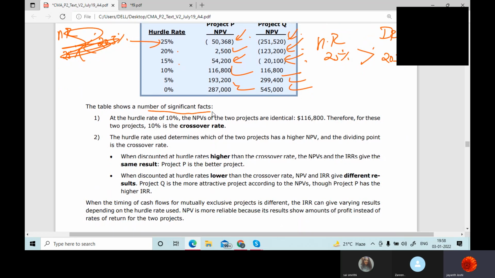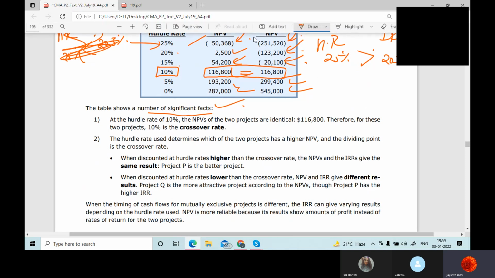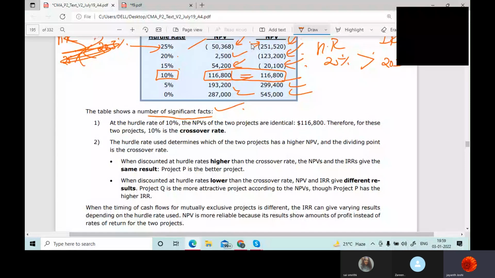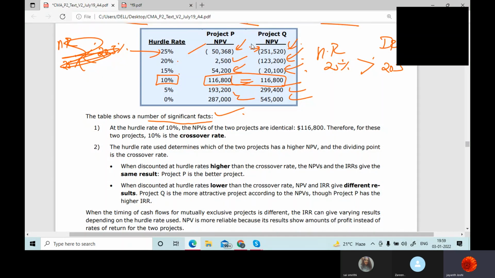the table shows a number of significant facts. At a hurdle rate of 10%, you can see both NPVs are the same, so you would be indifferent between project P and project Q. Even though you receive the cash flows of project P at the beginning and those of project Q at later stages, at 10% both have the same NPV.